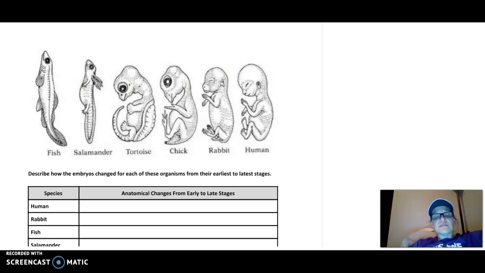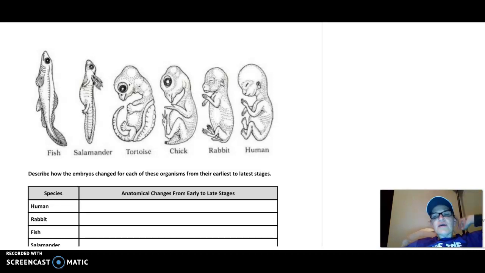Notice those have some pretty great similarities. I'm sure you probably have heard that birds evolved from dinosaurs. Dinosaurs are reptiles, so are tortoises. And then you have the rabbit and the human, both of which are mammals, and so are much more closely related than the human is to any of the other organisms.